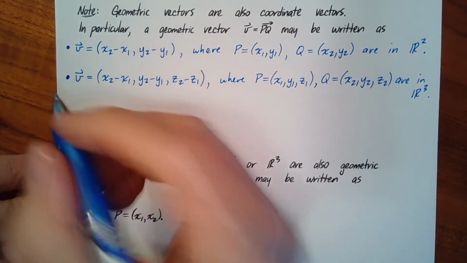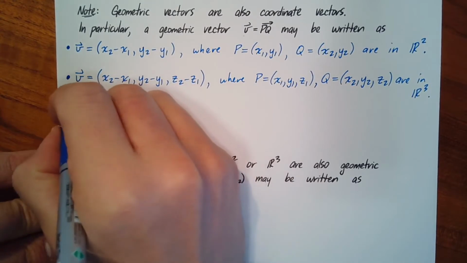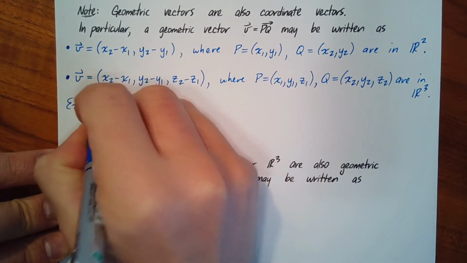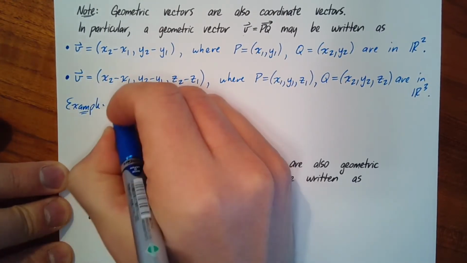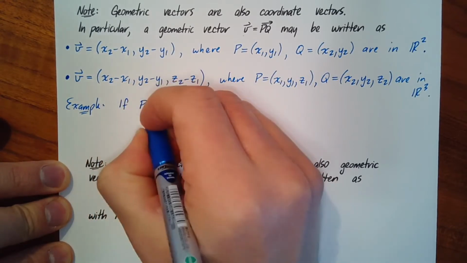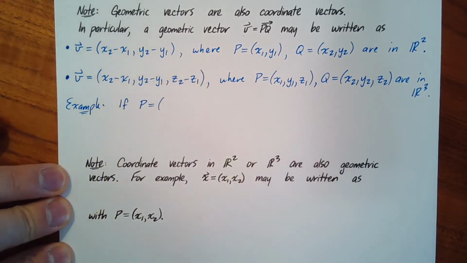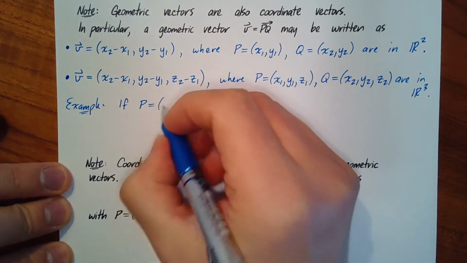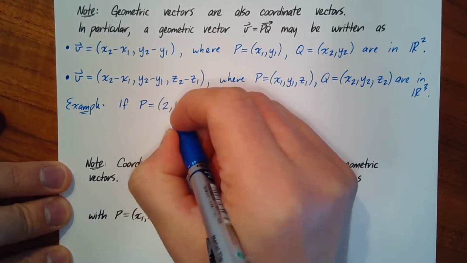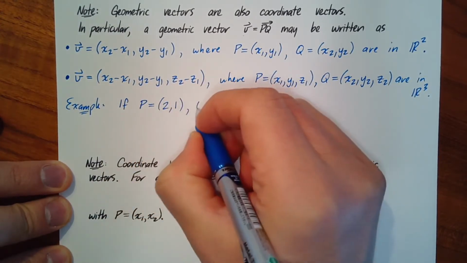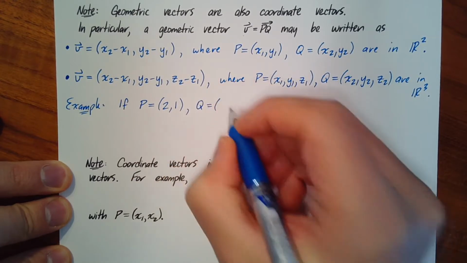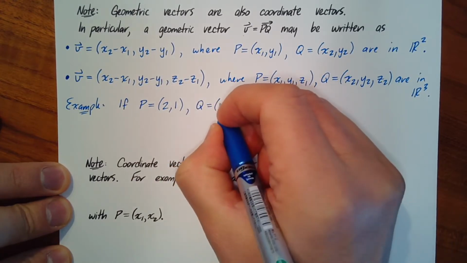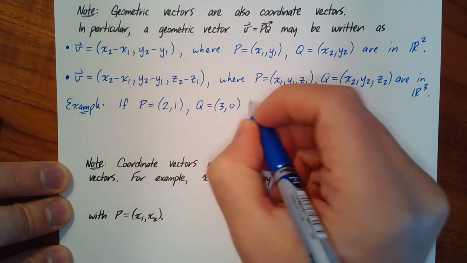Let's do one example. Let's do an example in R2. So let's say P is the point (2, 1), and Q is the point (3, 0).